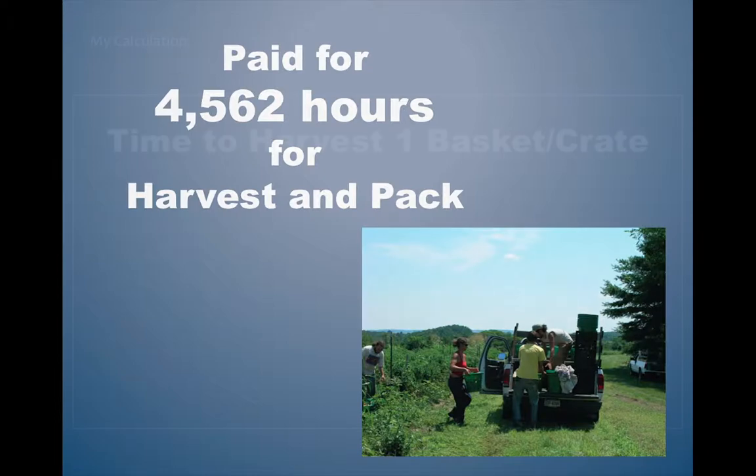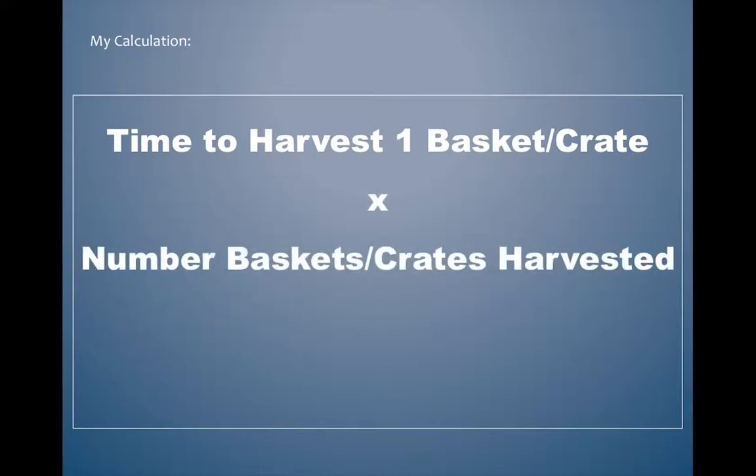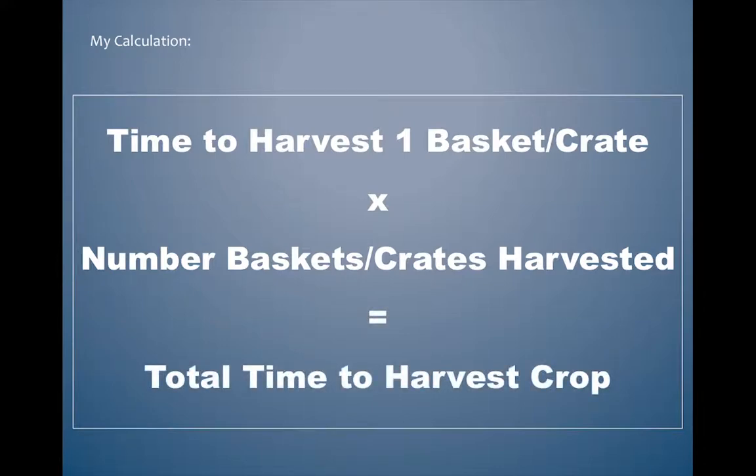So for each crop, I sat and imagined the process of harvest and pack and came up with an idea of what I think it should take to harvest either a basket or a crate or a bunch. So then I multiplied this rate times the number of units that I know we'd harvested, and then I entered that as the labor spent.